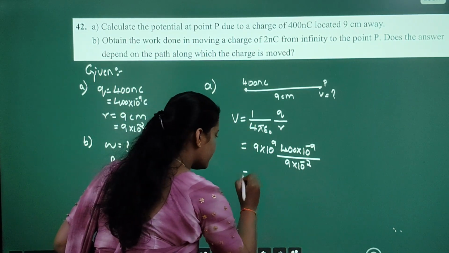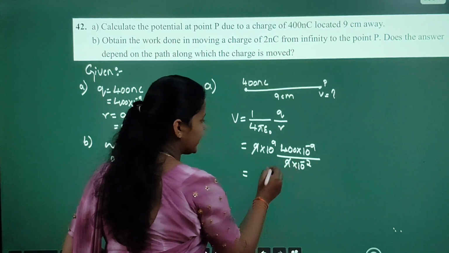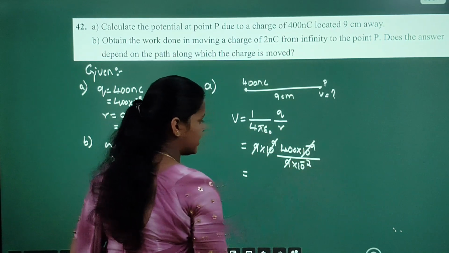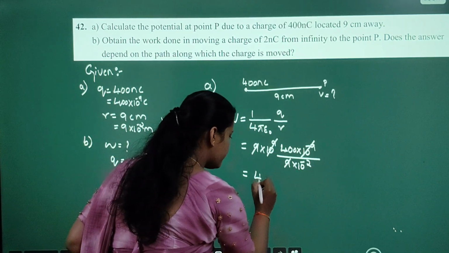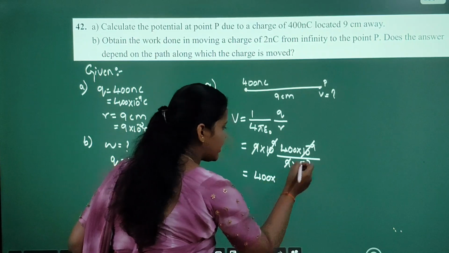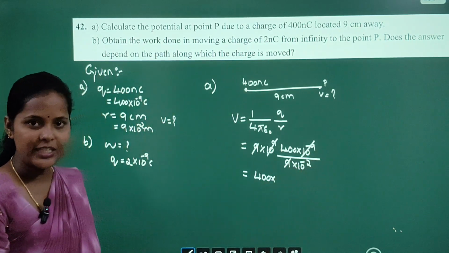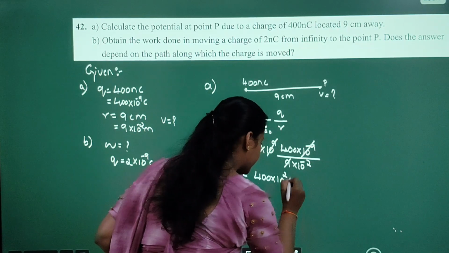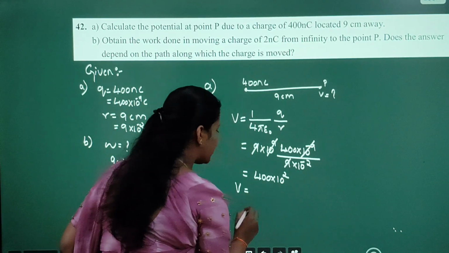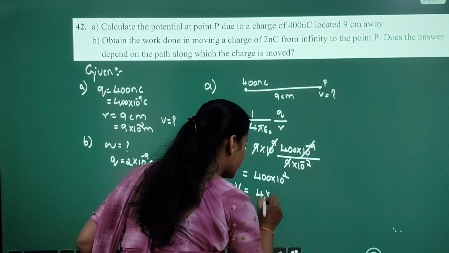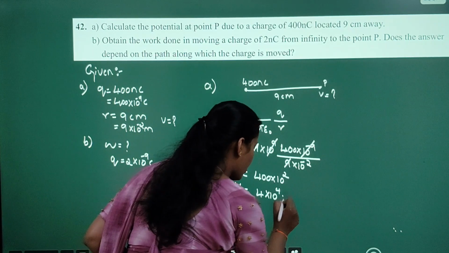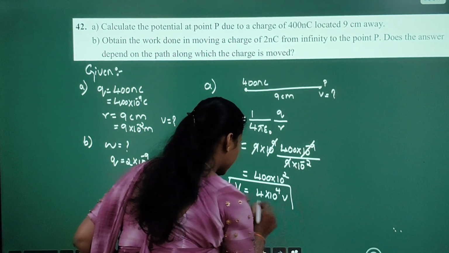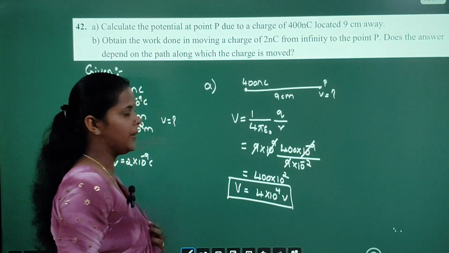Here 9 gets cancelled, and 10 to the power of 9 minus 9 gets cancelled. The remaining term, 400 into 10 to the power of minus 2, is in the denominator; taking it to the numerator, 10 to the power of plus 2 will come. So the potential at point P is 4 into 10 to the power of 4 volt.